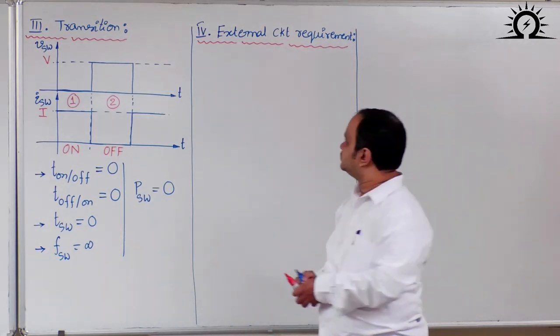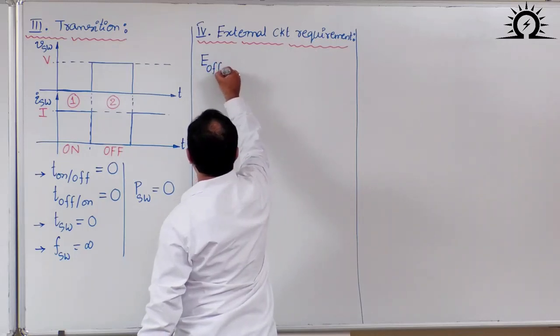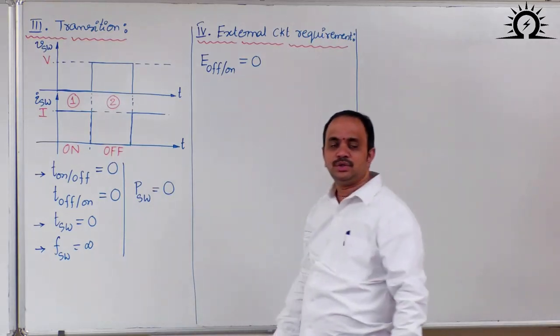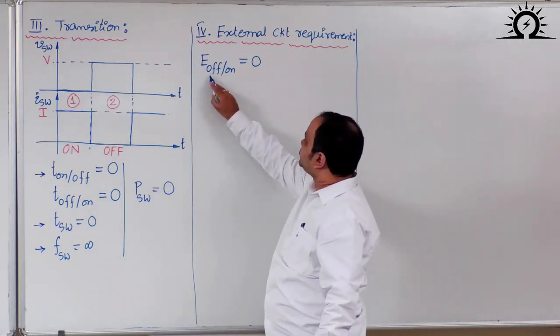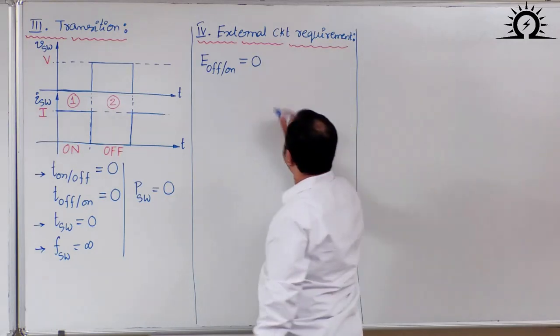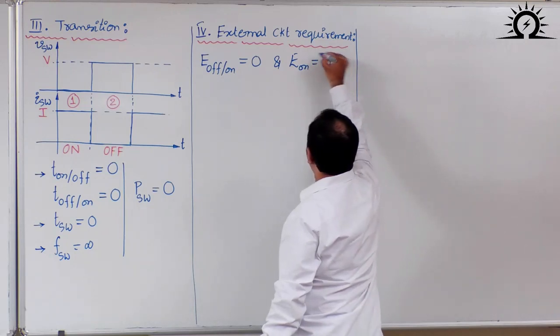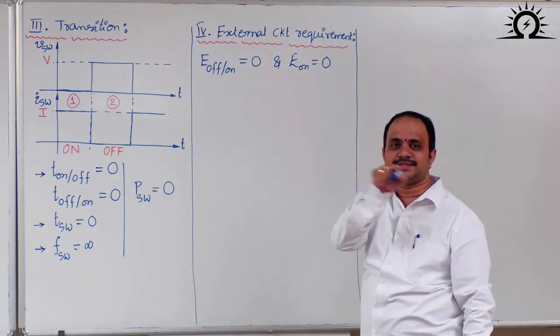Ideally speaking, ideal switch doesn't require external energy to change its state from off state to on state, and it doesn't require external energy to maintain that state.